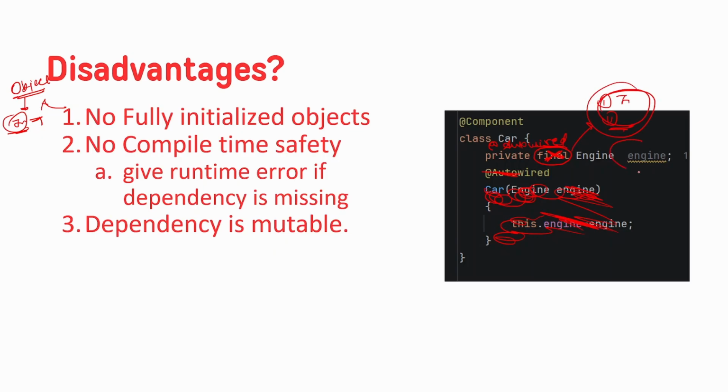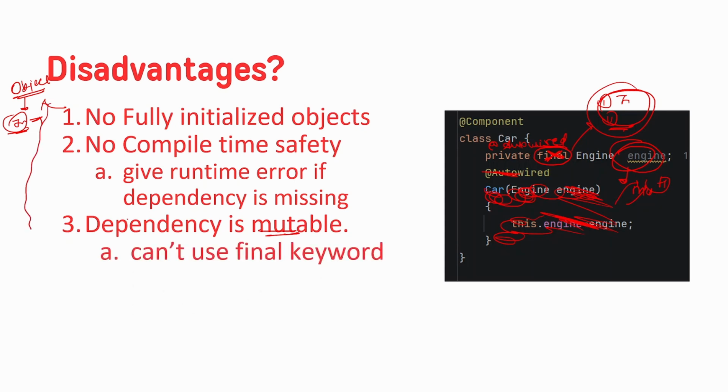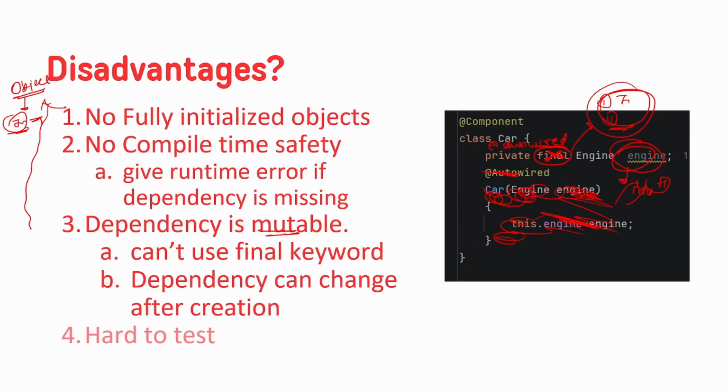Therefore it is mutable. So if multiple threads work on it, it can be mutated. So the dependency is mutable. These are several disadvantages: we can't use the final keyword, the dependency can change after creation, and it is hard to test.